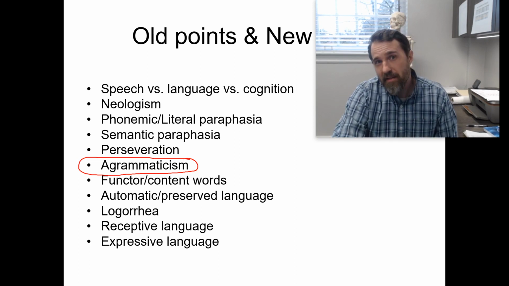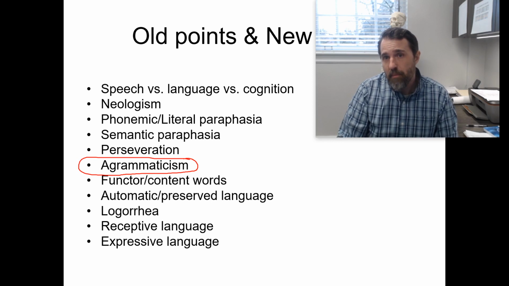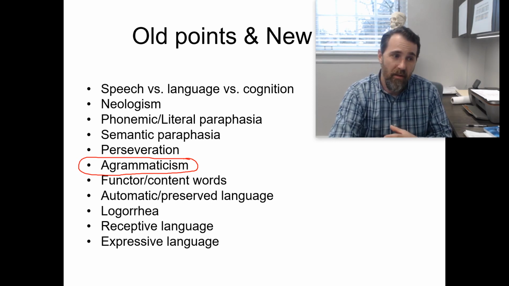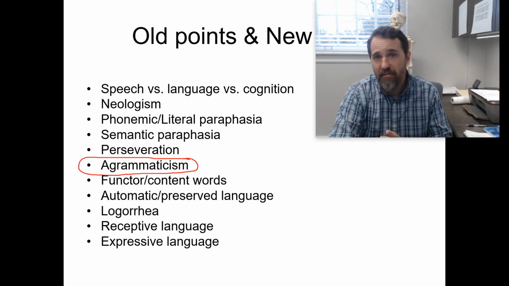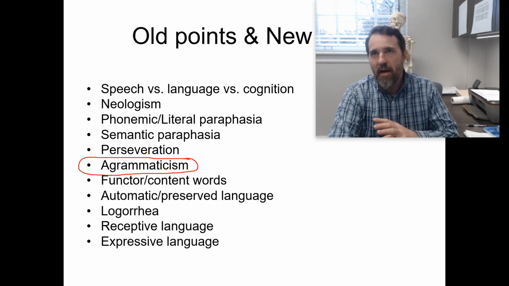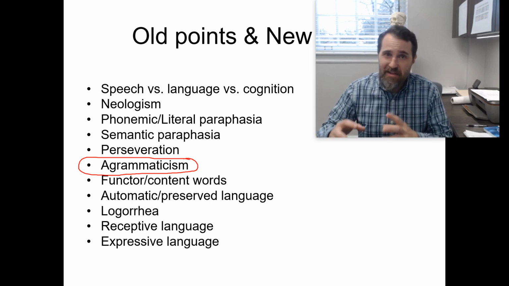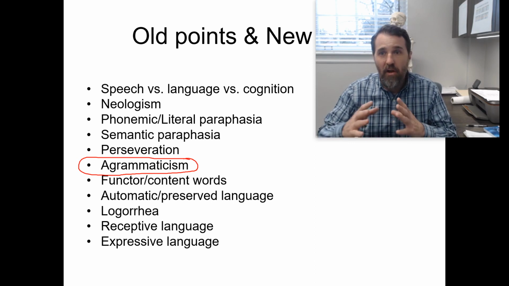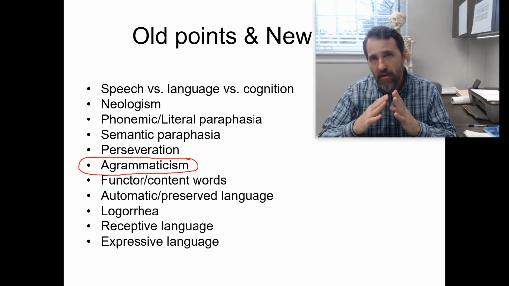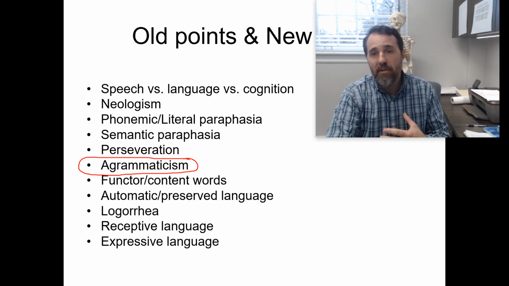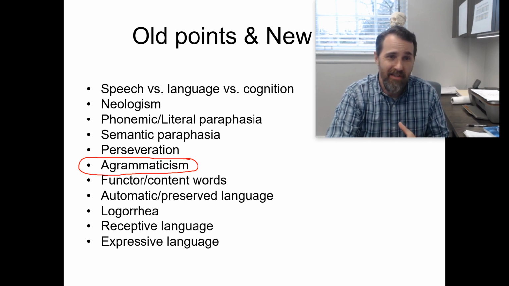So if you think back to your language classes, morphology is how words are put together with prefixes and suffixes to convey different meanings, and syntax is how words are strung together to create appropriate sentences, and these two things sort of fall under the umbrella of appropriate grammar. So people with aphasia struggle with morphology and syntax.